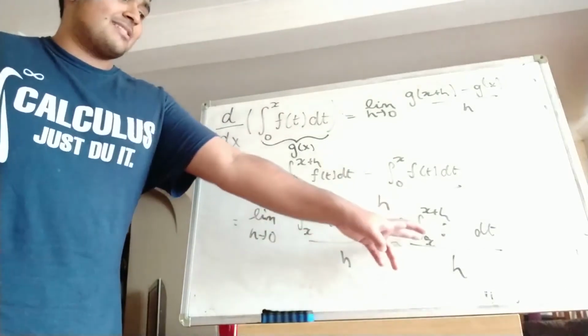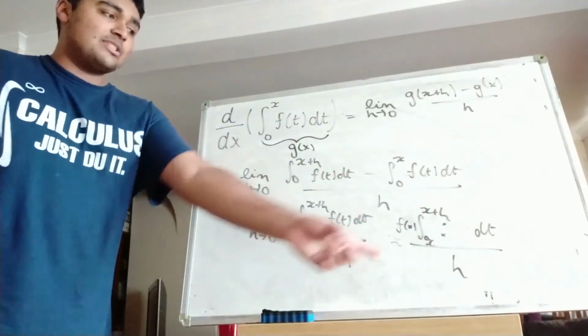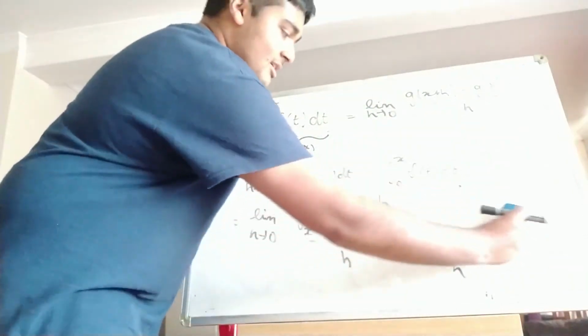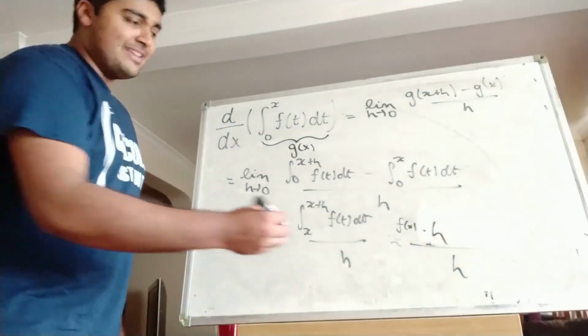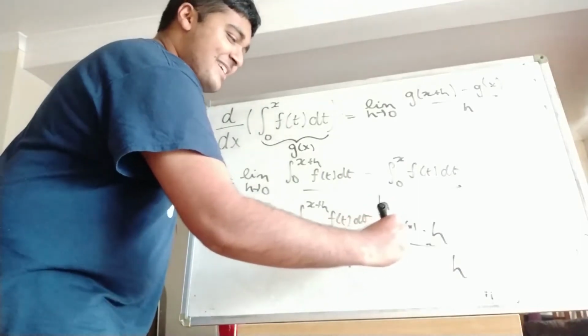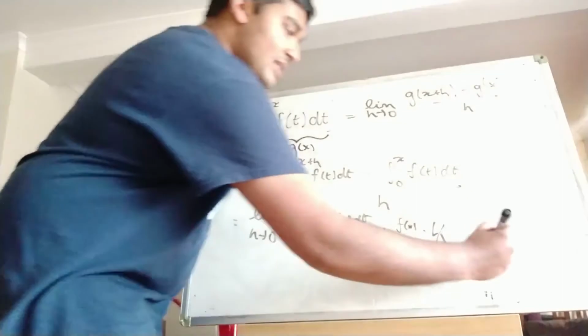So we have f of x times the integral from x to x plus h of just 1 dt, but that of course is just x plus h minus x, which is just h. So we've got f of x times h divided by h, and we're taking the limit as h goes to 0 still. So perhaps I'll put approximately equals to the limit as h goes to 0, but of course these h's cancel, and what we're left with is just f of x, like so.